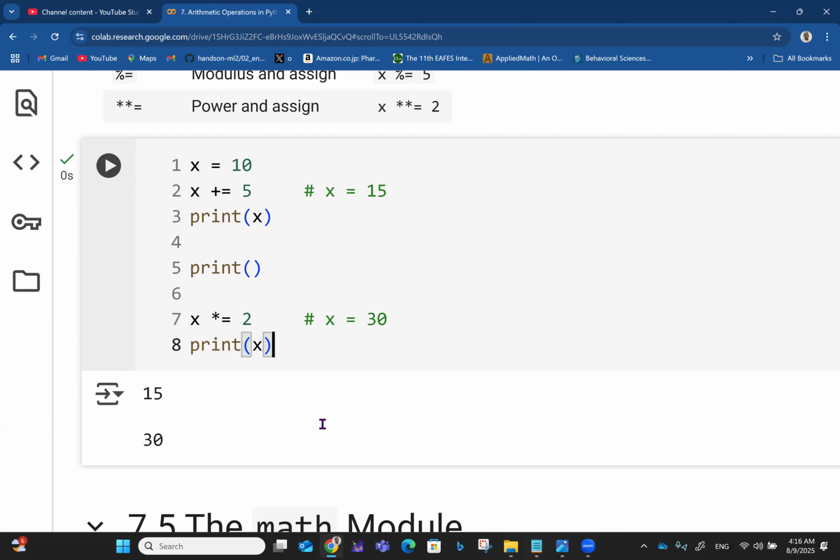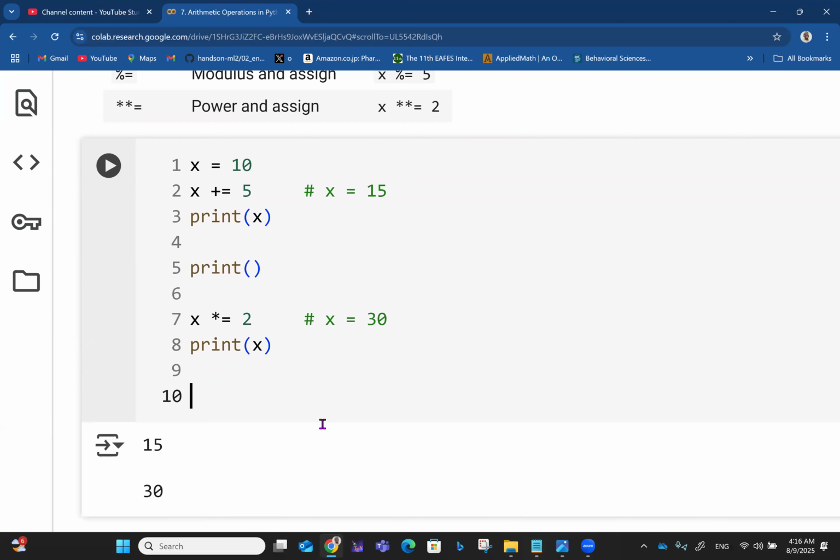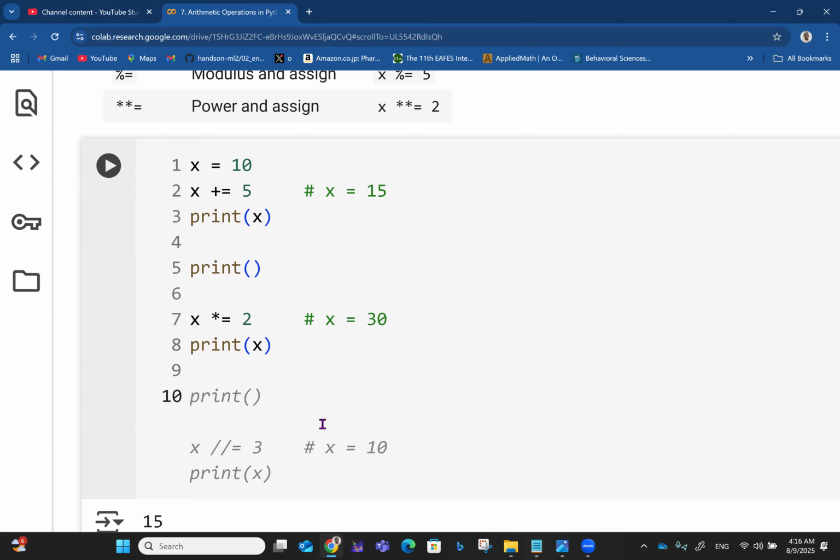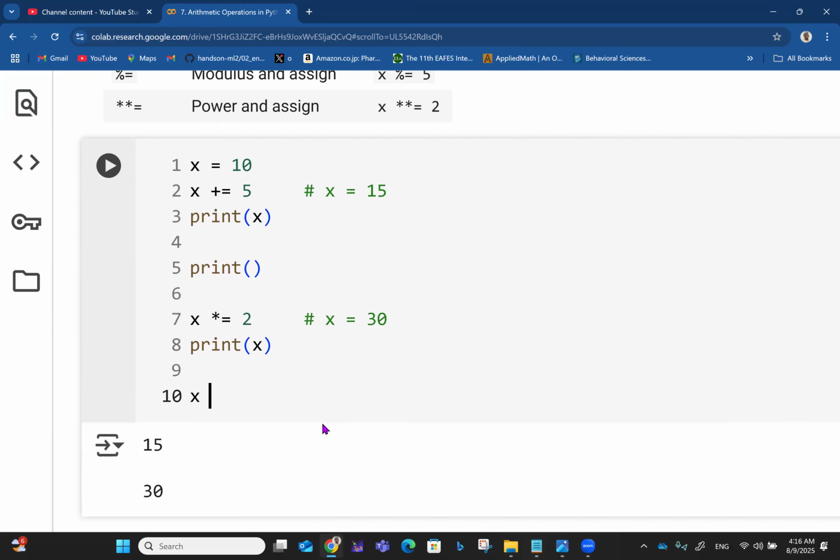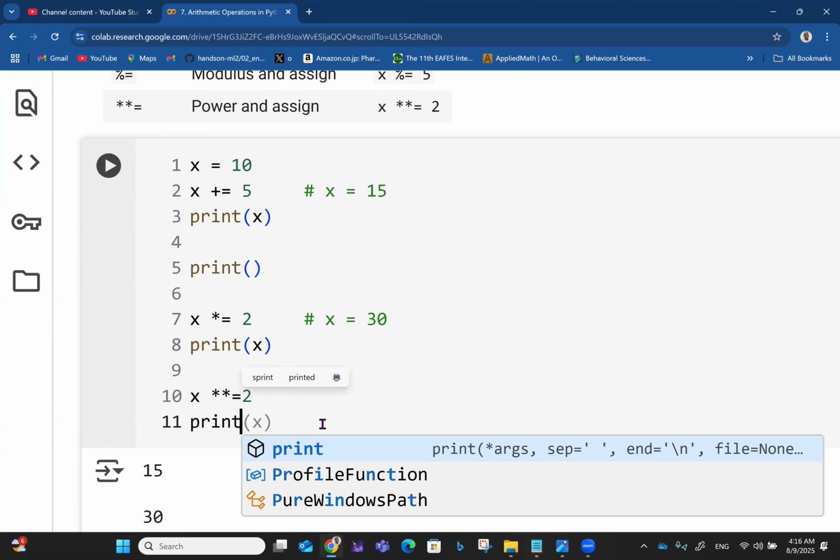Okay. So imagine if we now come, I can even extend it and say something like x **= 2. So the x before now is 30. So now we are raising that 30 to power 2, and we're now printing the new value of x, okay?